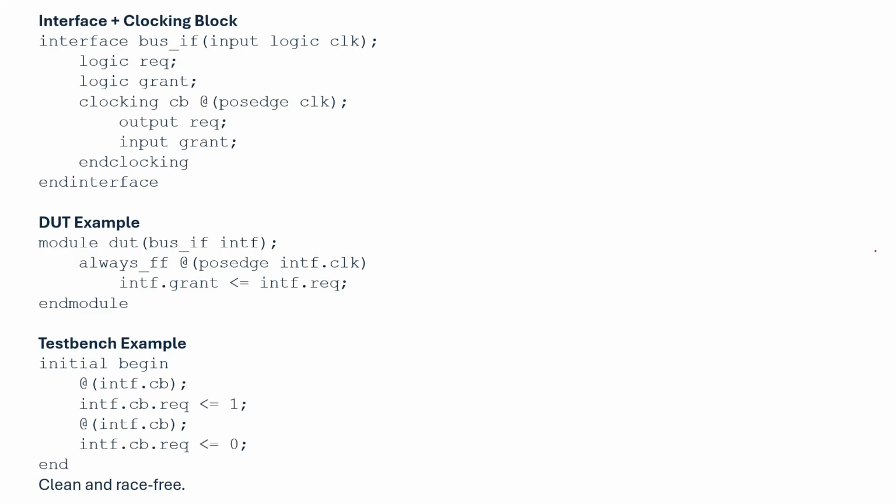Request is coming from the TB to the DUT, and grant is coming from the DUT to the TB. There is no delay, just the posedge clock. So this clocking block will sample the signals before the clock edge and drive the signals after the clock edge. Then the race condition will be avoided. By default it will take that.